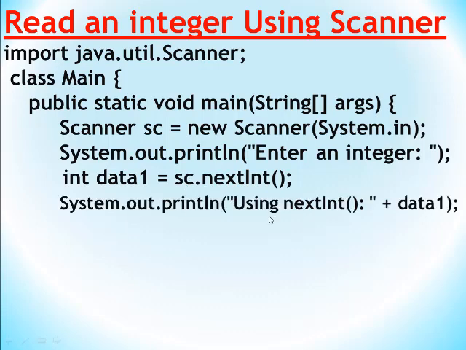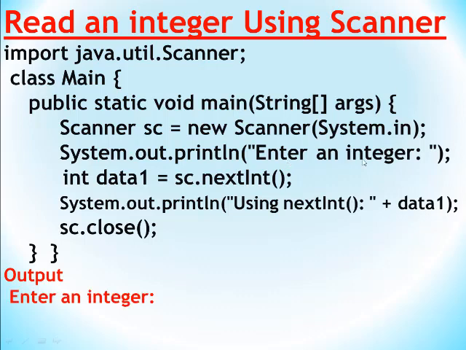Next statement is to print the value that was entered by the user. So data1 is the variable, you'll use data1 to print the value. And if you execute, it will print this message, enter an integer first, and suppose you enter any integer, say 22.